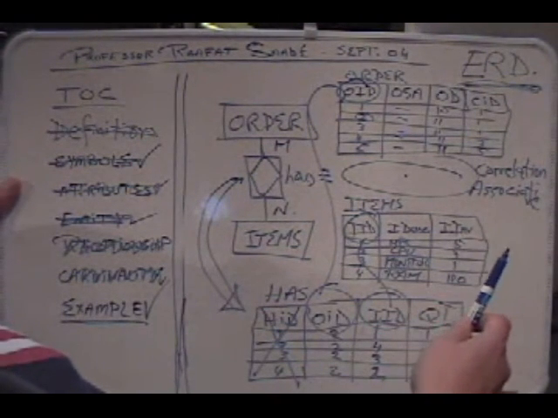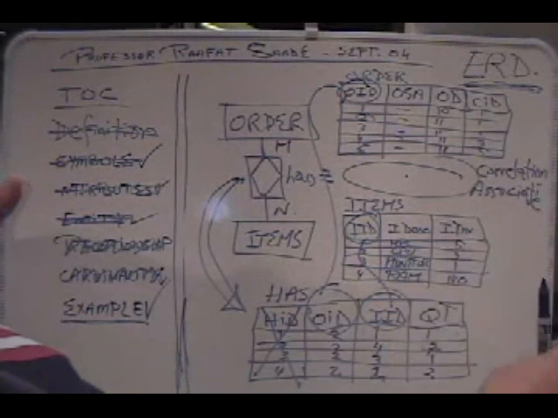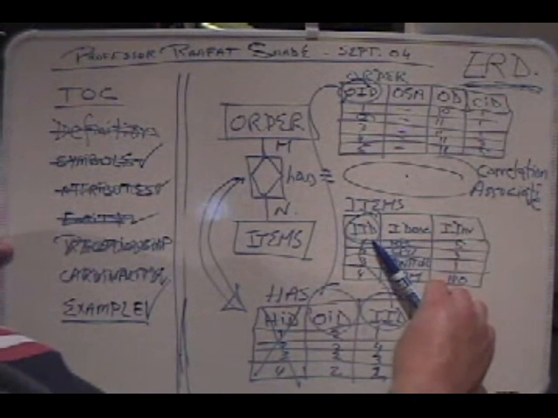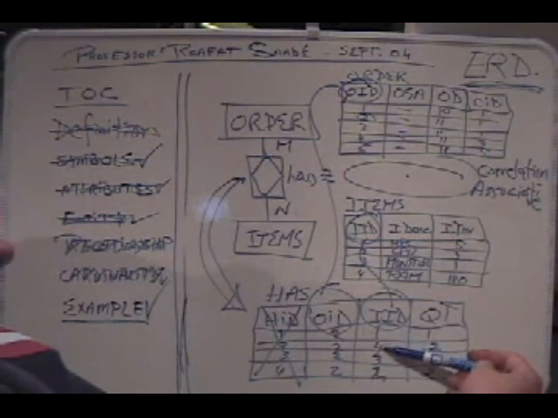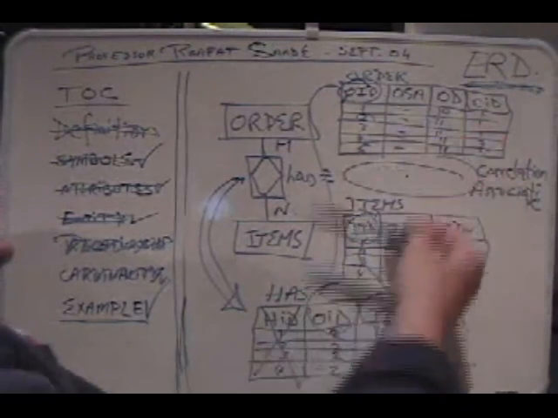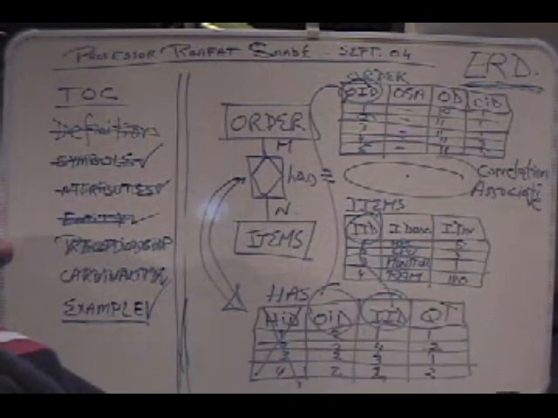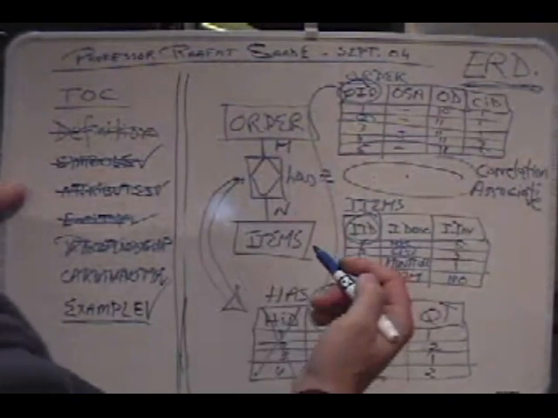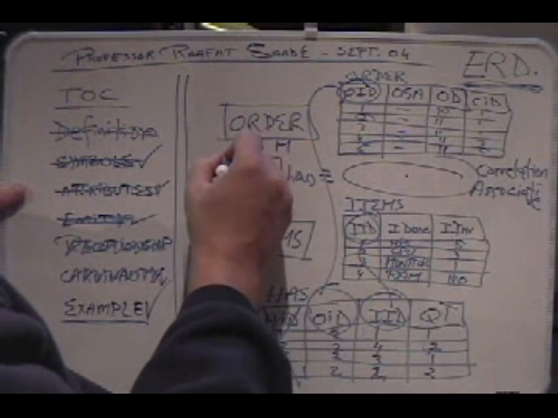Can an item be found in many rows in the has table? Yes. And can the order ID be found many times in the has table? The answer is yes. So in effect, when you go to Access, the relationship will be 1 to many and 1 to many.